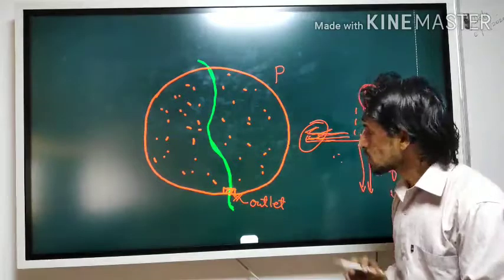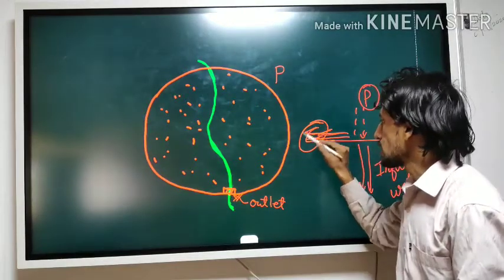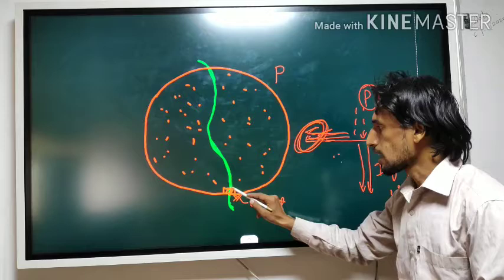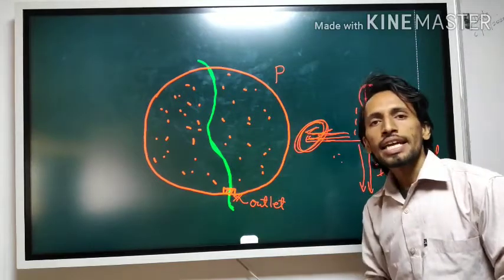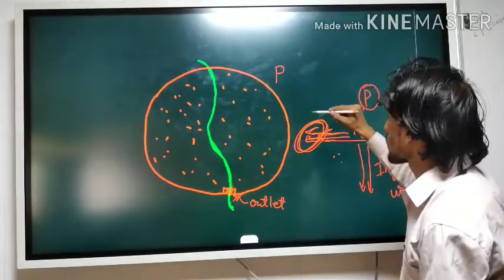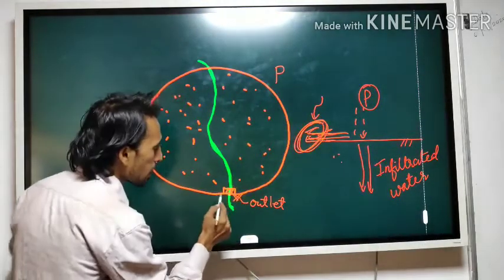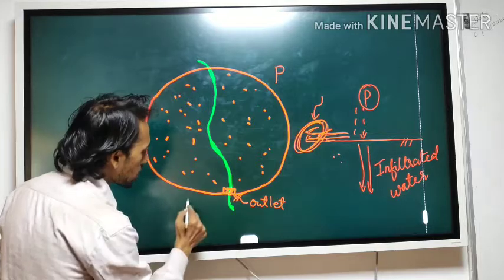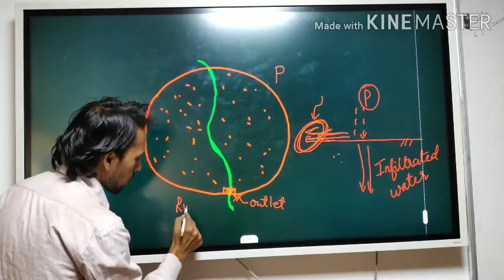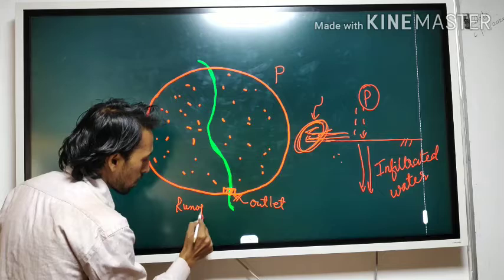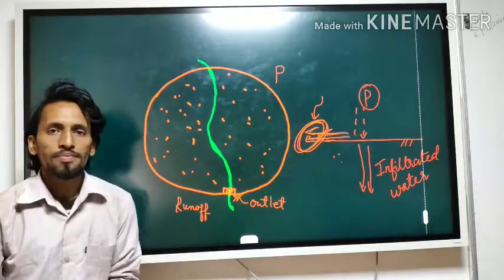The amount of water that you observe at your outlet is nothing but the water that you are recording here. That is called your runoff.